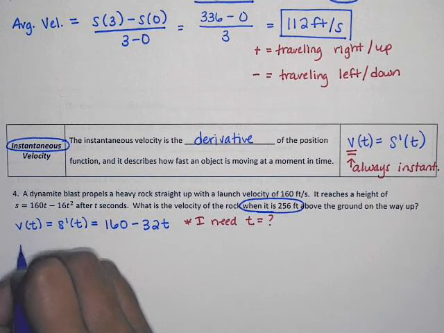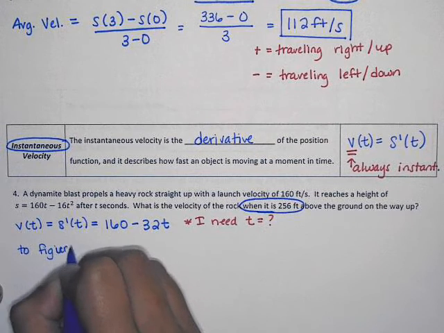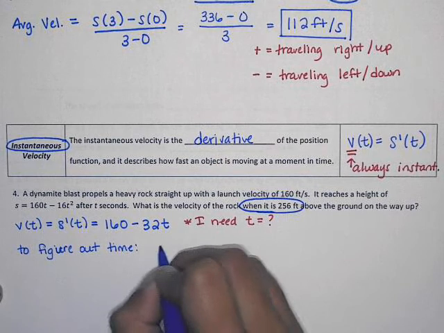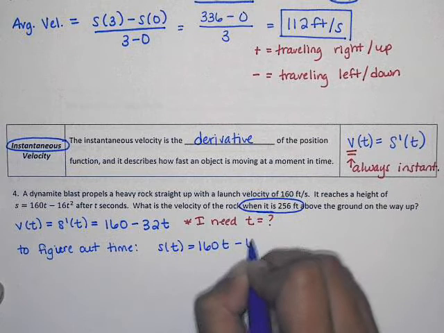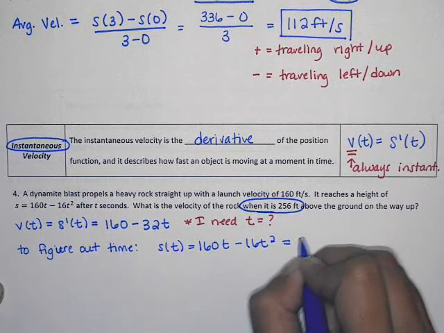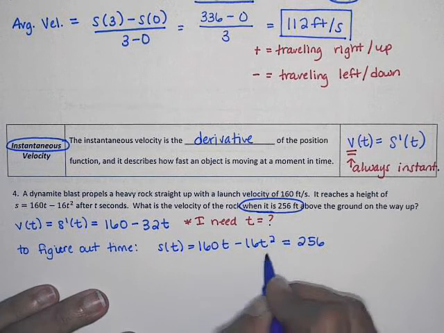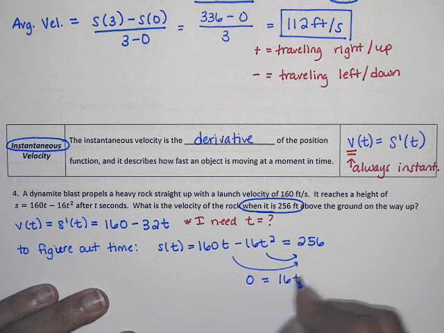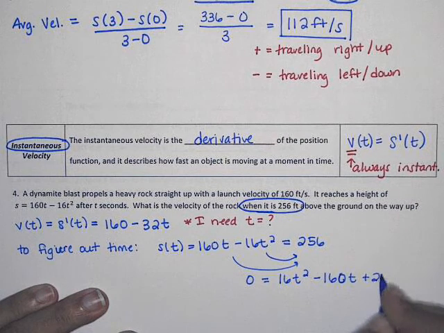So to figure out time, we want to know when our position, which is 160t minus 16t squared, is equal to 256, because that would mean that I'm 256 feet above the ground. If I move everything to one side, I'm going to have 0 equals 16t squared minus 160t plus 256.